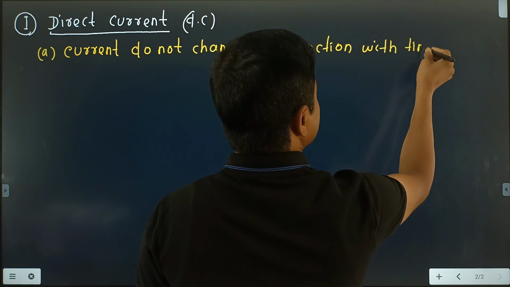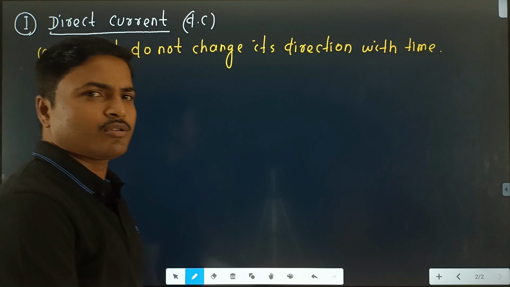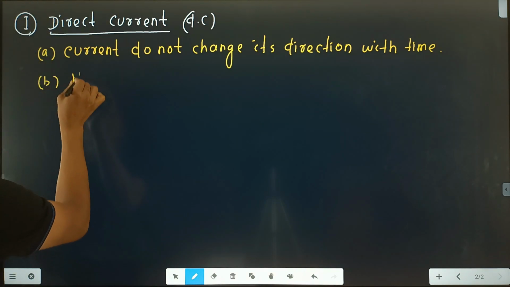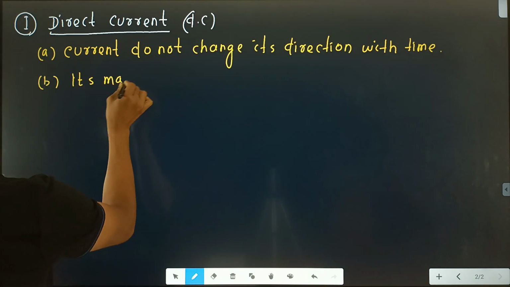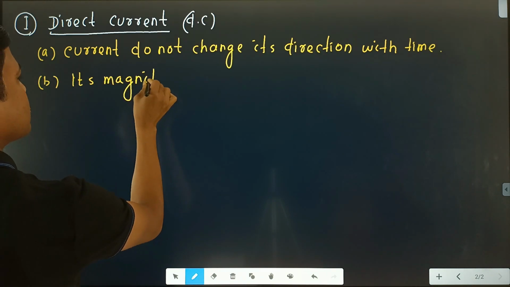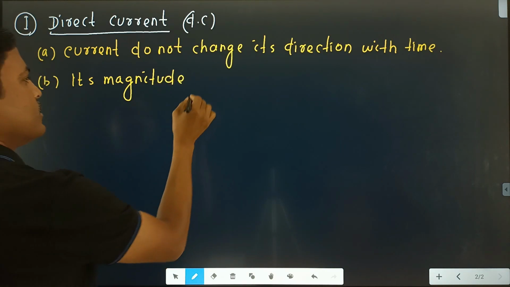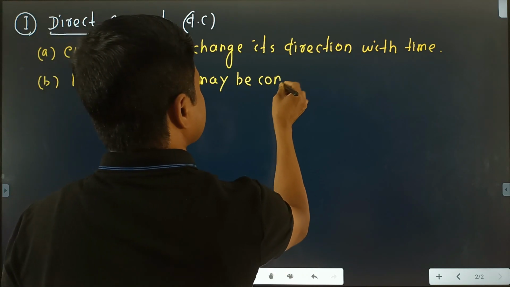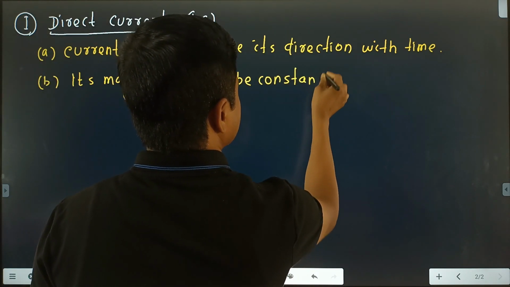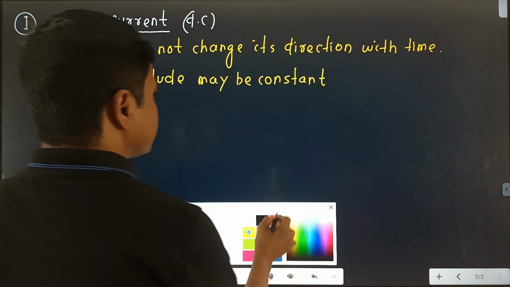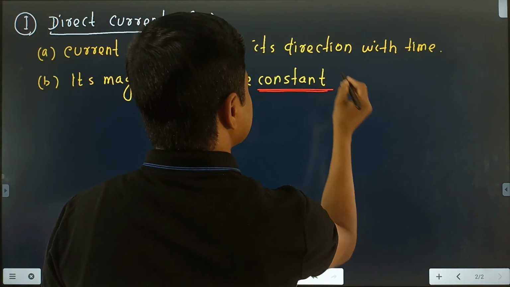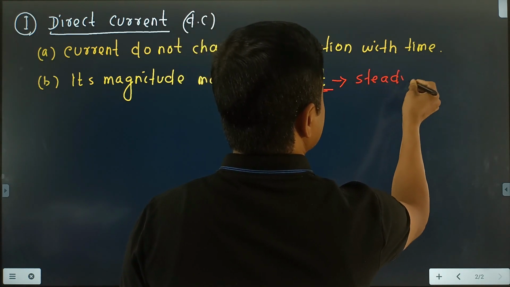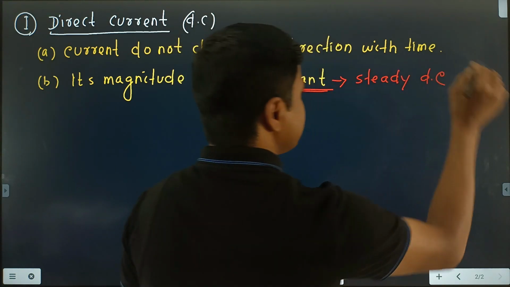That means its direction is fixed, direction always remains constant, but its magnitude may be constant. If the magnitude is constant, this type of direct current is known as steady direct current.